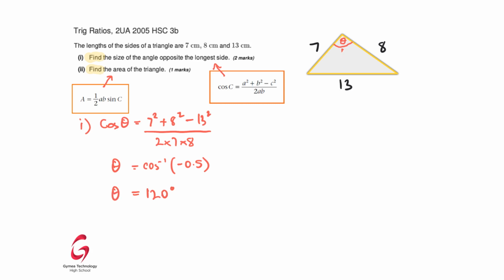So this is now going to help us with the next part of the question. Let's go and write that 120 in there for our diagram. The area of this triangle, remember we've got half AB sine C. Our sine C is the angle, so that's our 120. A's and B's are those numbers either side of it.